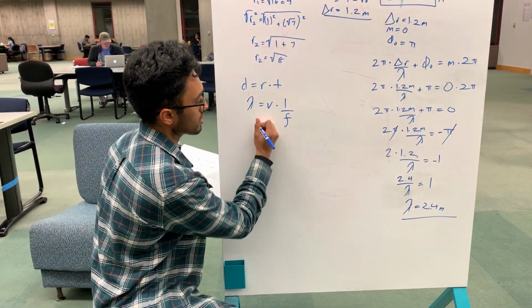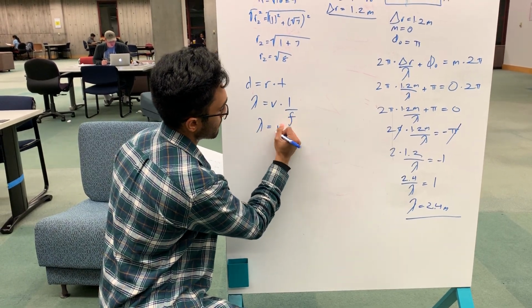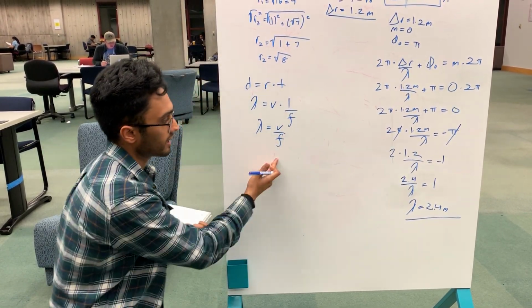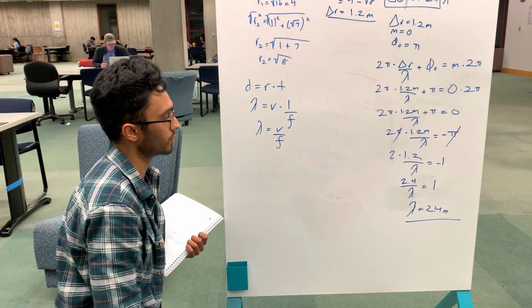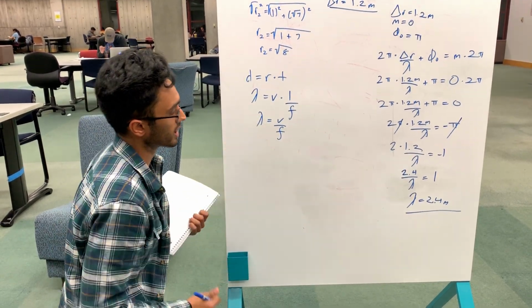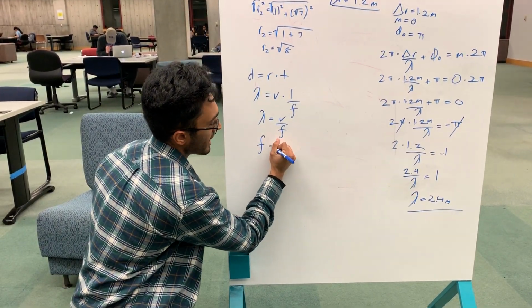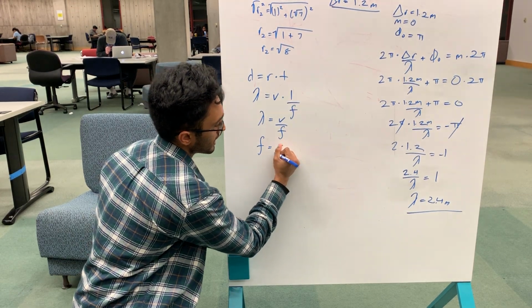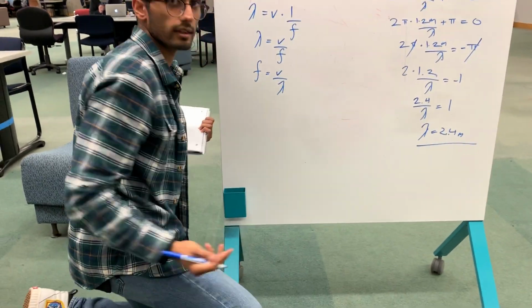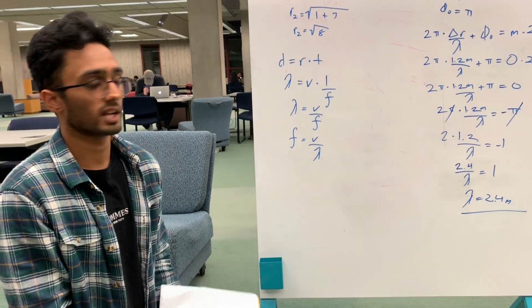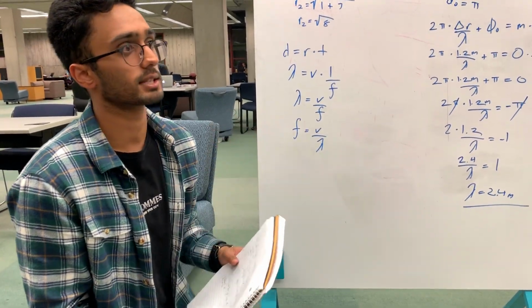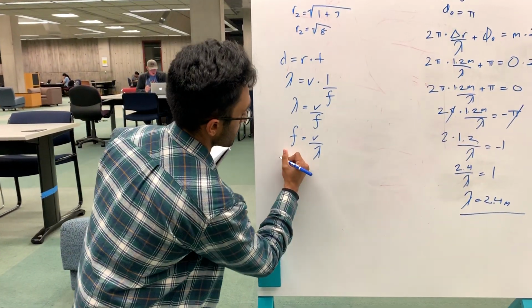So we have this relationship, wavelength equals V over F. Now we just need to rearrange this to get F over here. So F equals velocity over wavelength. At the beginning of the problem, they give us velocity as 360 meters per second.